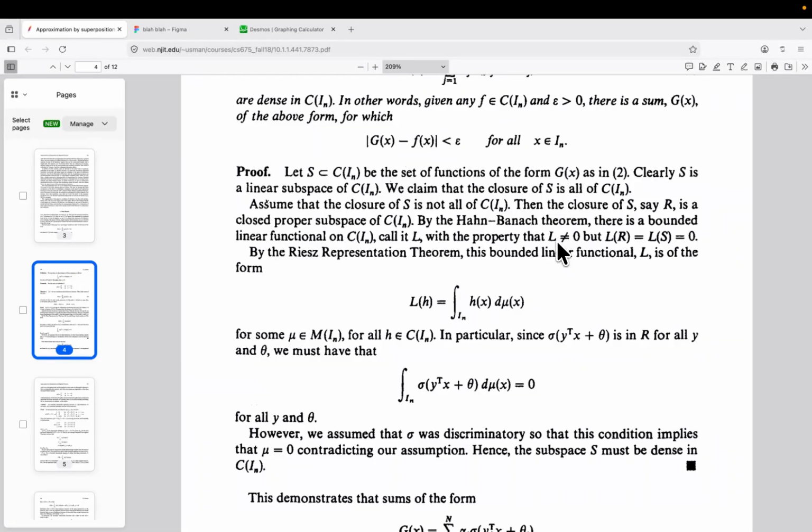By the boundaries of the form, for some mu, for all of them we must have that. However, we assume that it is discriminatory, contradicting our assumption. Sorry, I think I've got it.